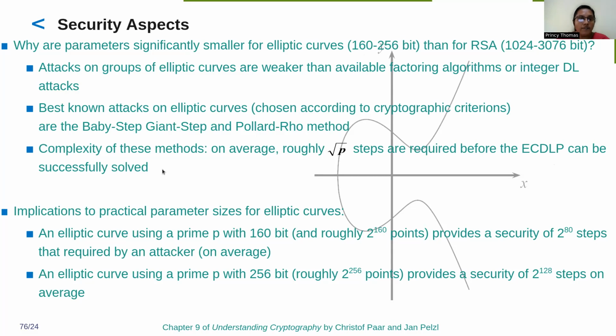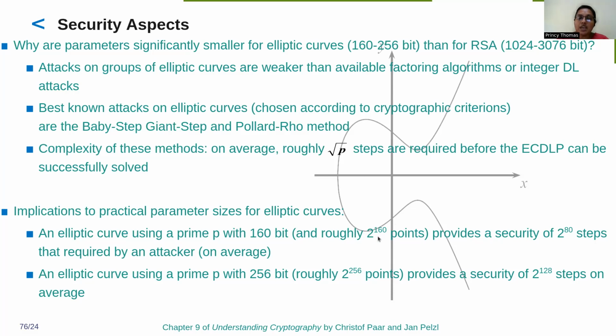Now we are going to look at the implications of this particular size. When an elliptic curve uses a prime with 160 bits, roughly 2 raised to 160 points provides the security, and to break this, root P steps are required.